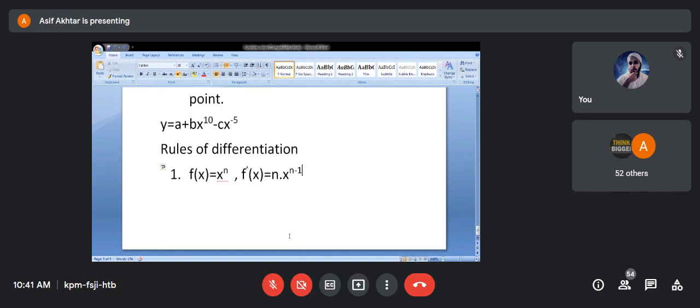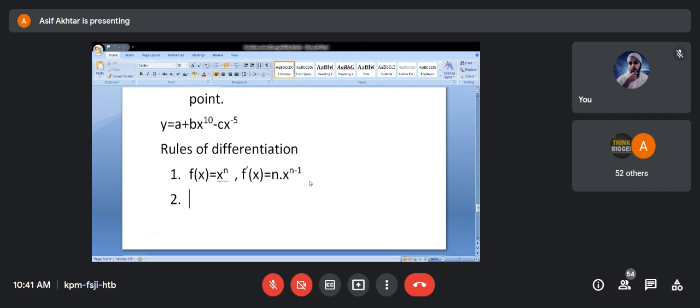That is, f dash x equals n into x raised to the power n minus 1. This is the first rule that you have to remember. So if it is an exponential function and we want to calculate the derivative, n will come down, n into x to the power n minus 1.